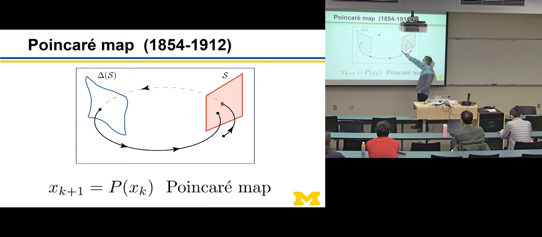So if you have a guess that there's a periodic solution, what you do is you take a hypersurface, so one dimension less than the ambient space, and you put it, it doesn't have to be normal. We don't have any notion of an inner product in here, but it just can't be parallel.